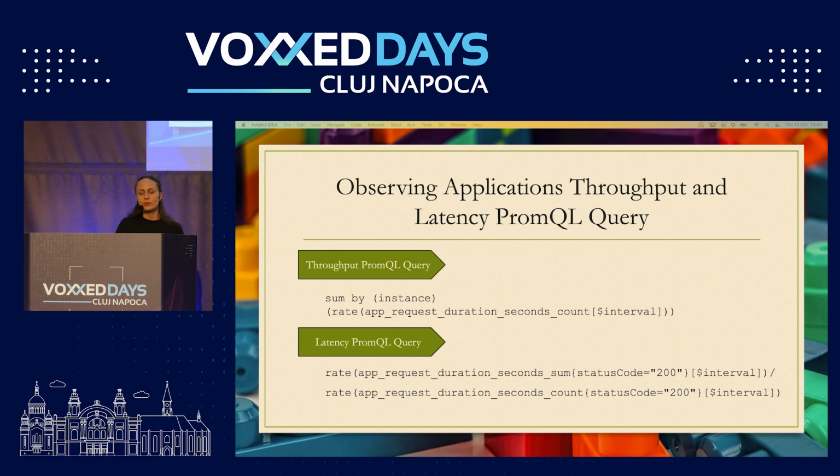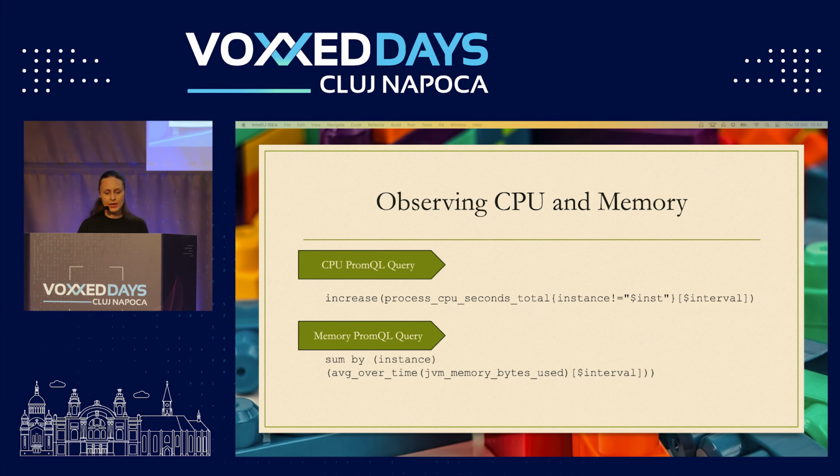And then I need a way to measure the latency, and that's the query in Prometheus that I used for that as well. Now, for observing CPU and memory, I've used these two queries because I want to see the increase in time series in the range vector of the CPU usage query. And of course, I want to see the average over time of the memory used query.